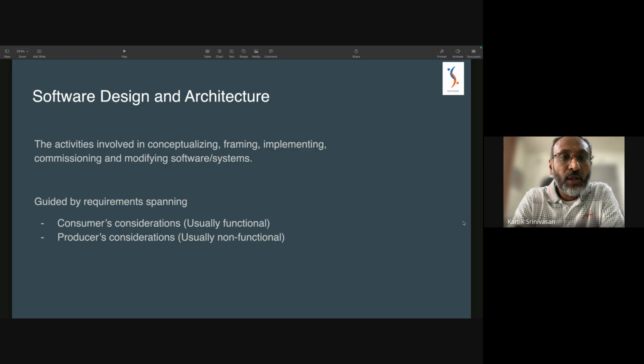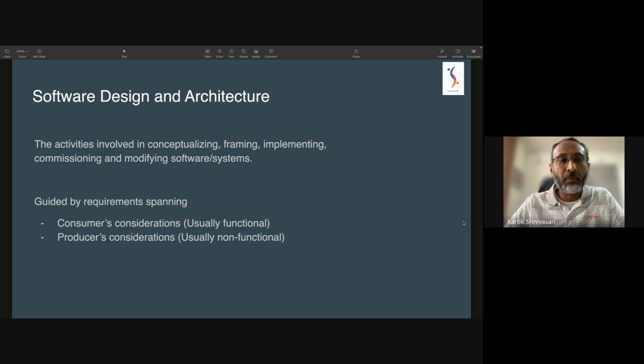So many of you would have taken the previous course around software design and architecture that I had conducted. I think we spoke at length about what design and architecture mean in the world of software. We drew parallels between the world of civil architecture and many examples that the whole concepts of software architecture are derived from.